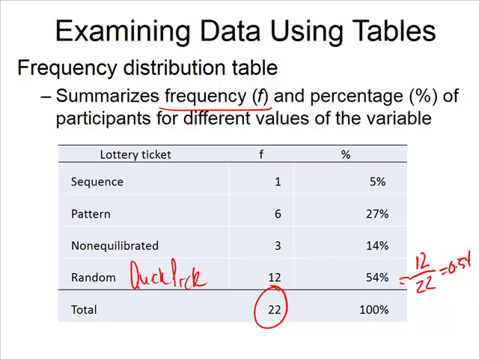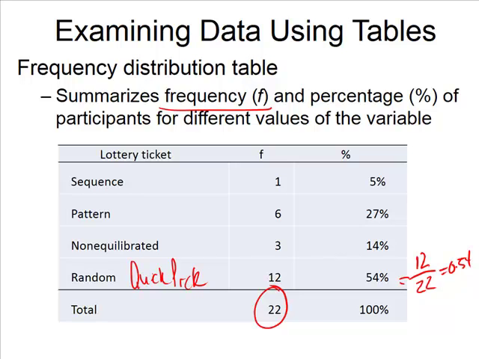Why the sequence person? What are they thinking? I want to know more about that person. Right? What is it that makes people go in and pick a 6-number sequence? I want to explain that behavior. That's what's interesting to me. All right.